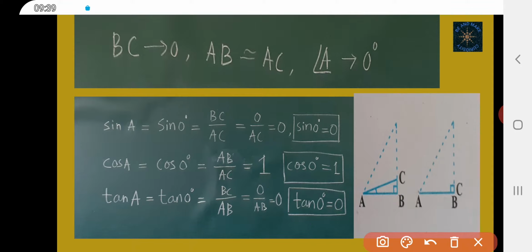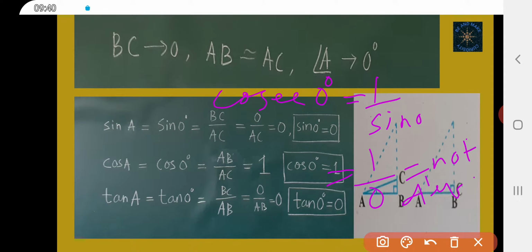Understood? And you know the cosec 0 degree is reciprocal of sin 0. So 1 by 0 is what? Not defined.